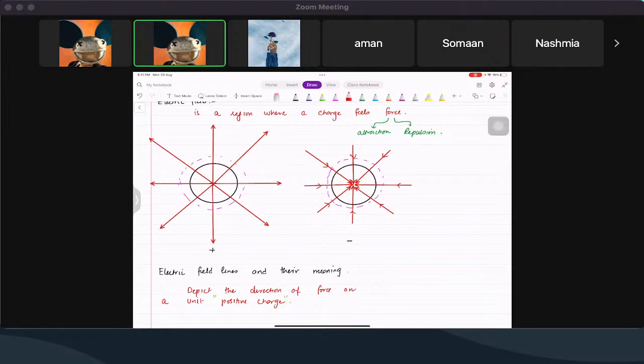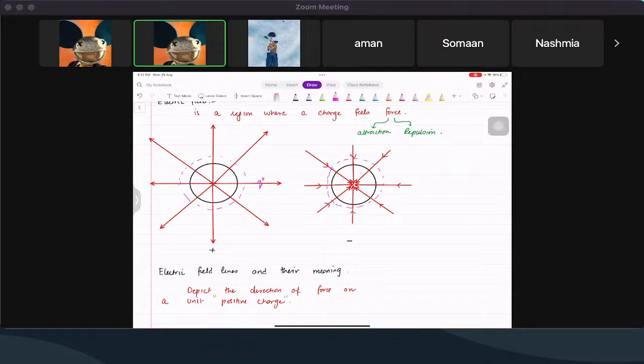Do you guys understand what I'm saying? Sir, could you repeat? Yes, yes. I'm saying the lines depict the direction of force on a positive unit charge. So you know that a positive repels a positive, right? You've done it in O levels. Yes, sir. So if I put a positive charge right here, where would it go?